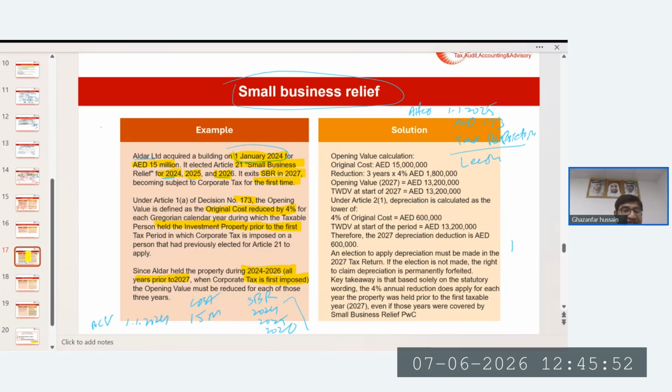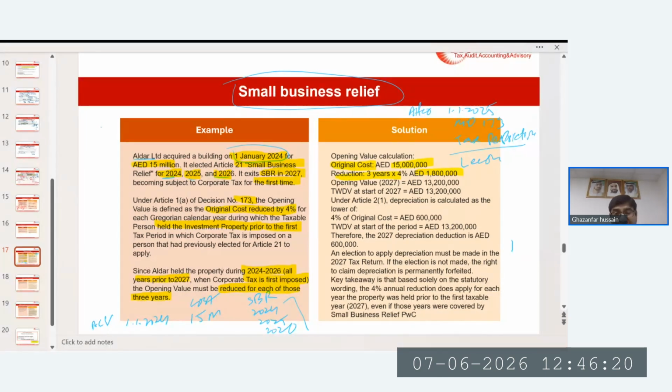The opening value must be reduced for each of 3 years. Original cost 15 million, reduction 3 years, multiply by 4%. Okay, so this is 1.8 million.